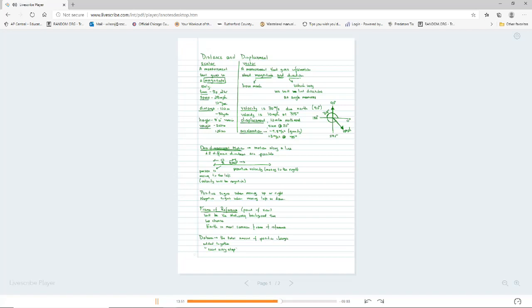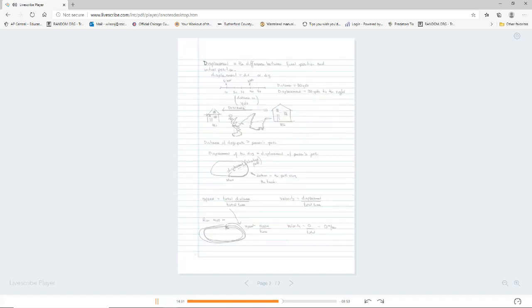Displacement, on the other hand, and I'm going to flip over to a new page. I know you can't see that, but you'll see that there's two pages. Displacement is the difference between final position and initial position.